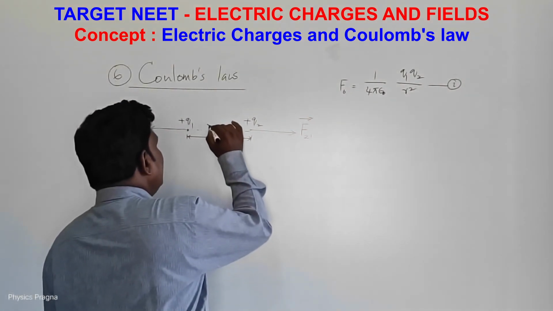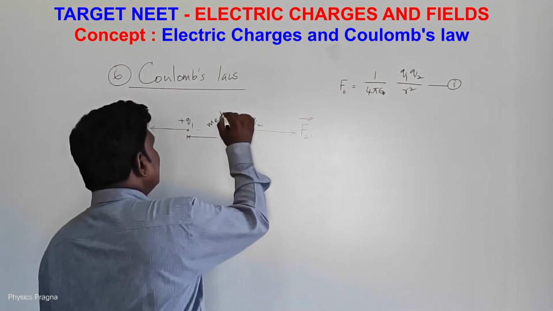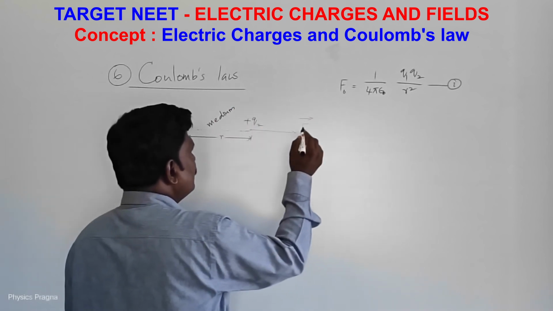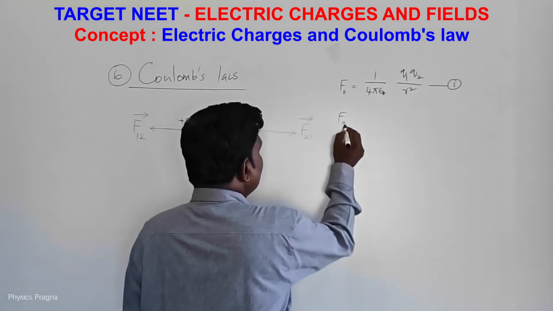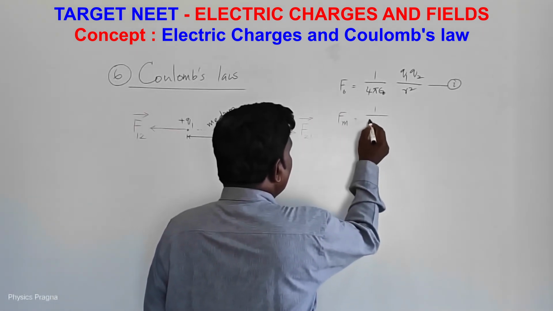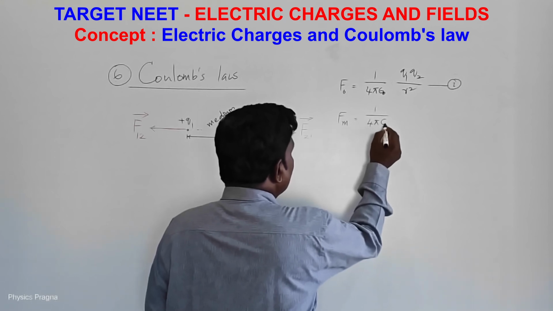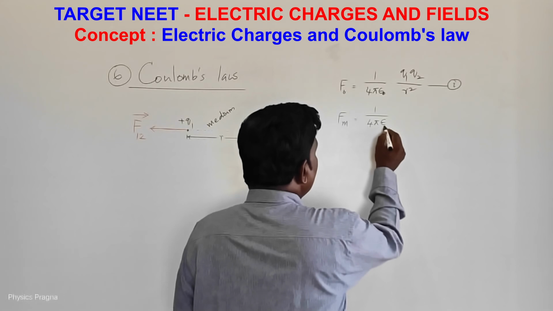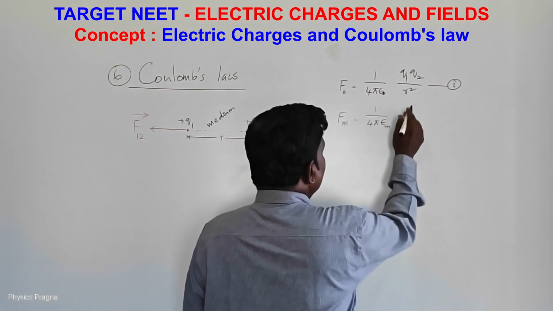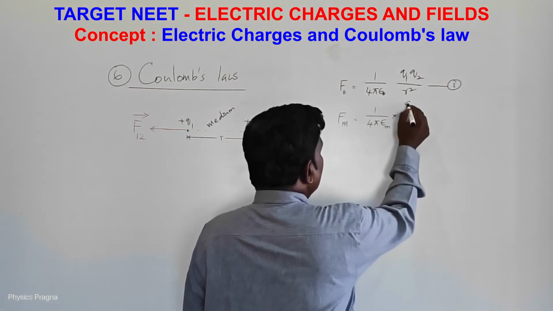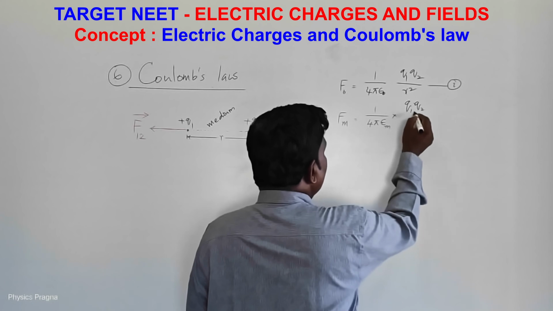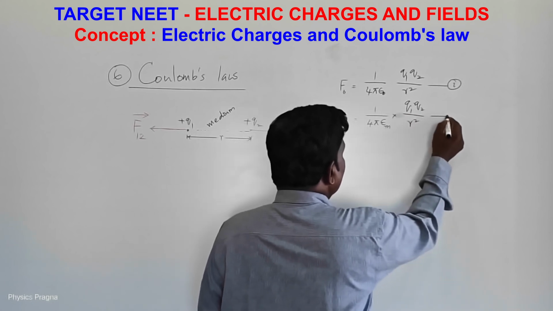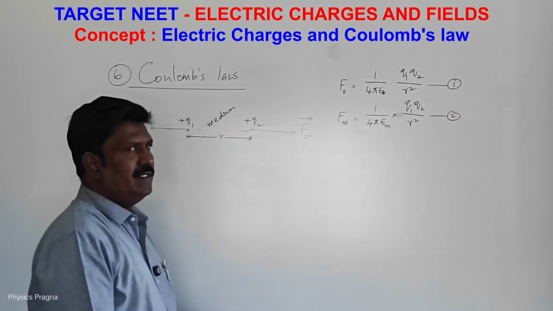If some medium is there in between, then the formula becomes Fm is equal to 1 by 4 pi epsilon, where epsilon is the medium permittivity, Q1 Q2 by R square. This is equation 2.